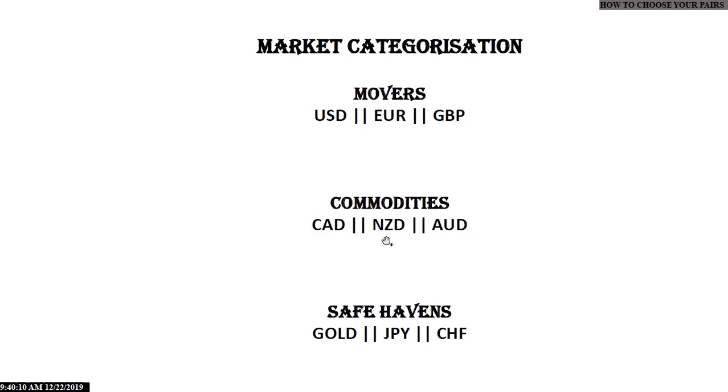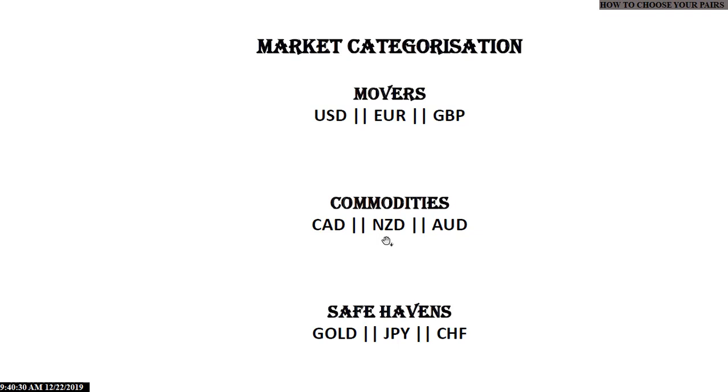So it's basically a currency that is traded in all sessions. However, it's mostly volatile in the London and the New York session, as well as the euro. Euro is also volatile in London and New York session, but it will move any time of the day. So that is why they are called movers.